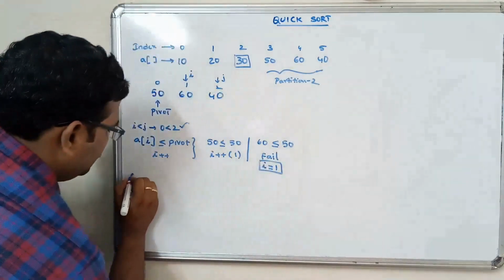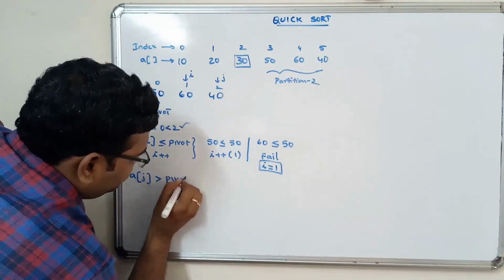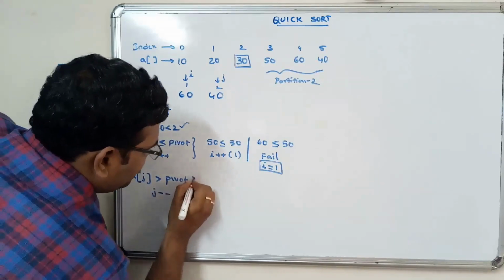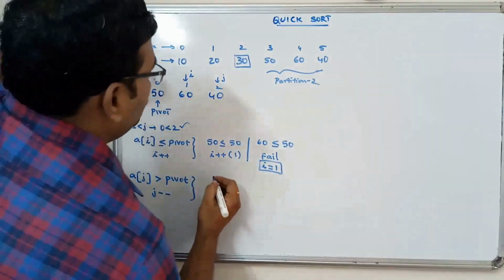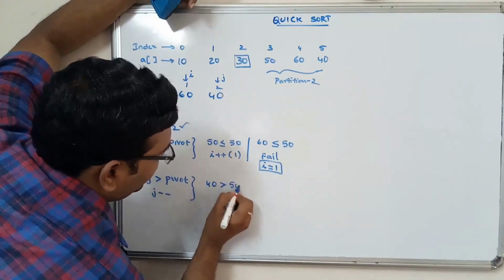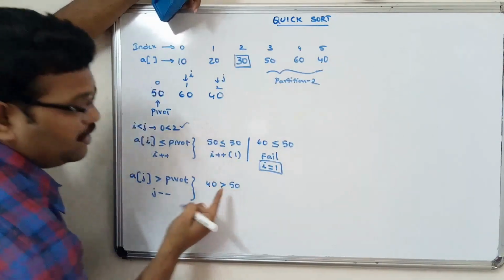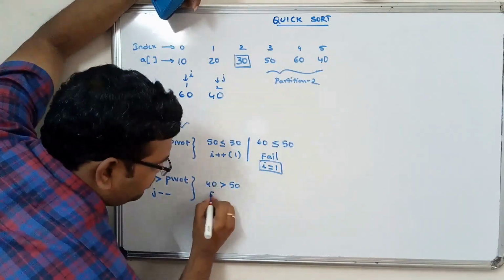Then similarly A of J is greater than pivot, J minus minus. So repeat this process. The J value is 40, 40 greater than 50? Condition false.